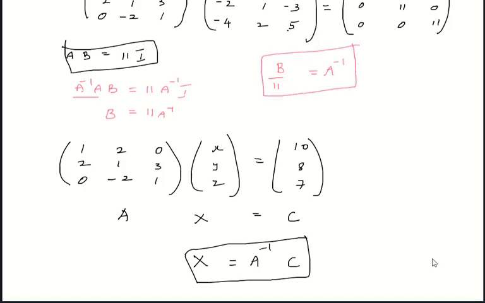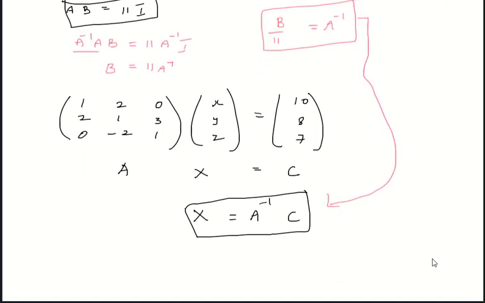Fine. Now let me substitute this A inverse here. So this becomes 1 by 11 into the B matrix.